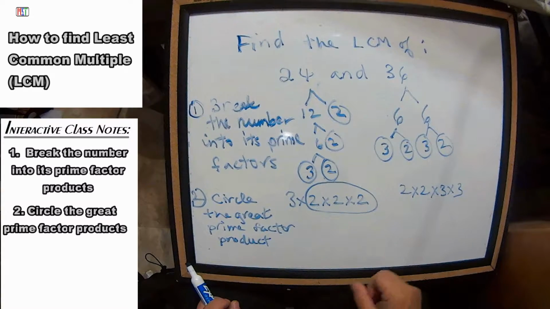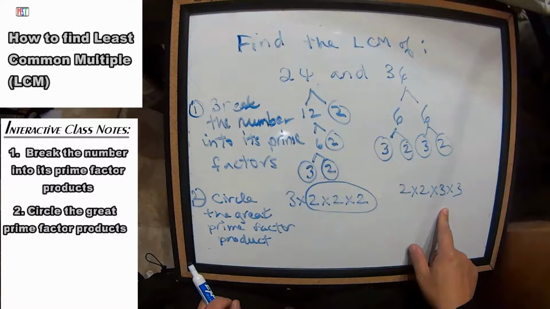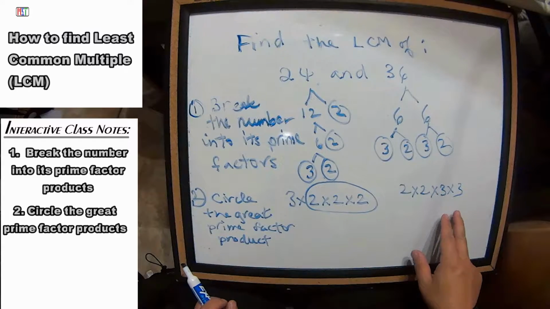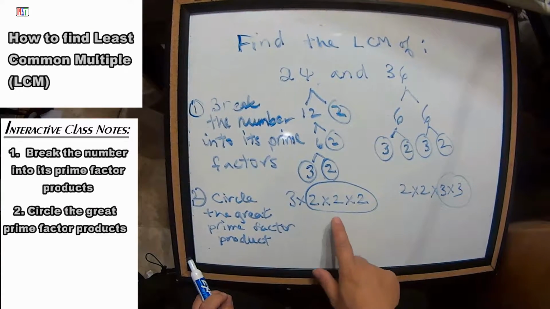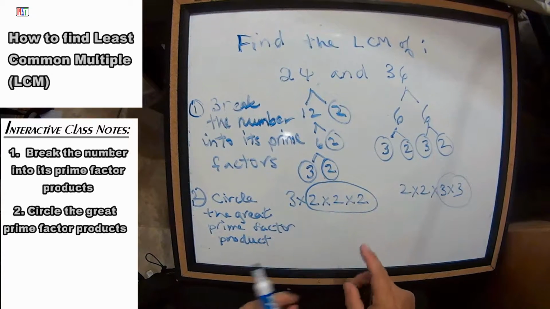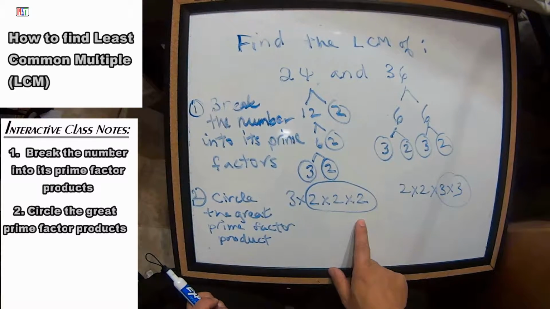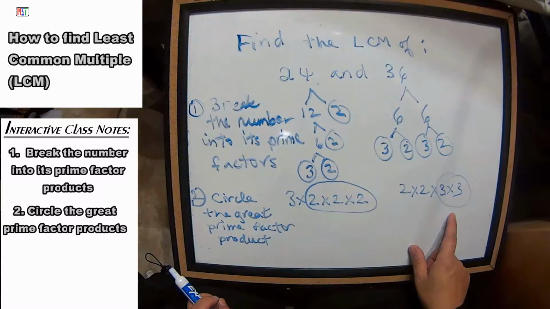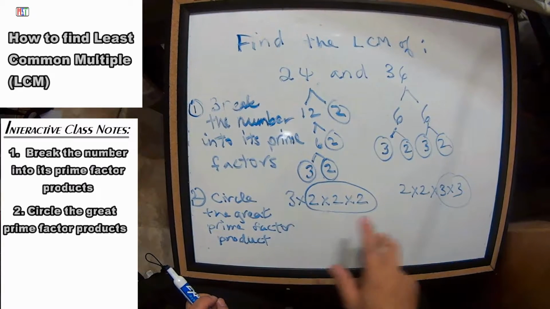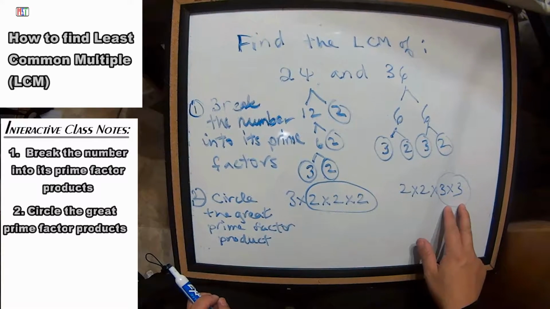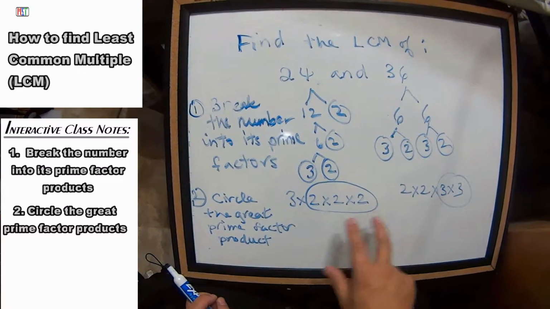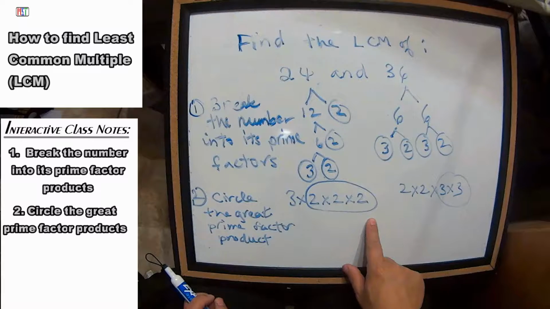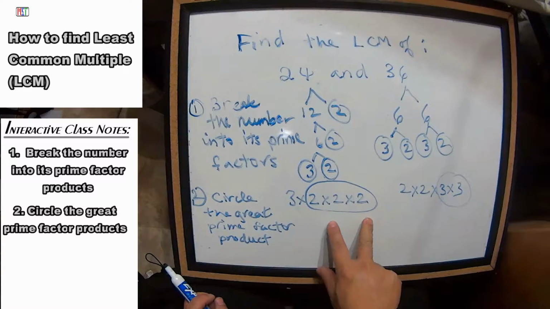As well, you notice on this side the greatest prime factor product is 3 times 3, right? So 2 times 2 times 2 is the greatest prime factor product for this number here. And for this number it is 3 times 3, okay? Because you have one 3 here, but there's 3 times 3 here, so that's the greatest prime factor product. Same here. We have 2 times 2 here, but we have 2 times 2 times 2 here, which is the greatest prime factor product there.